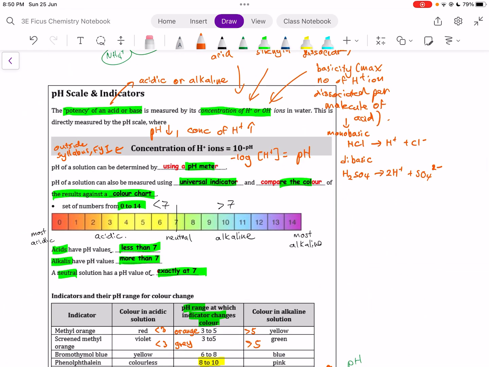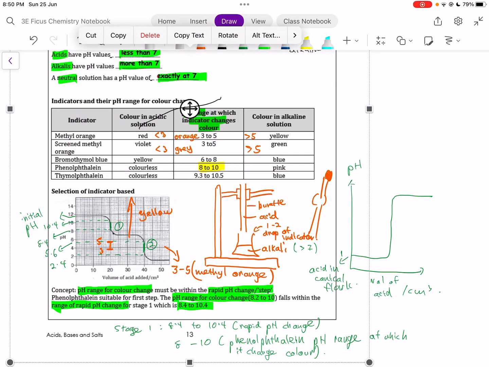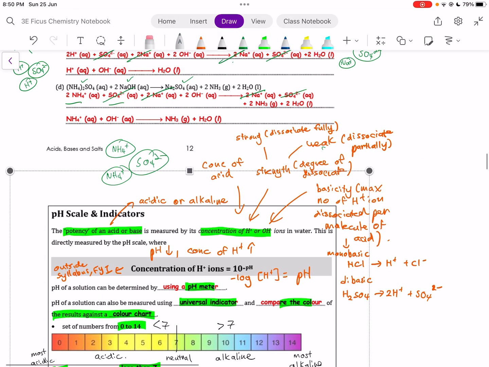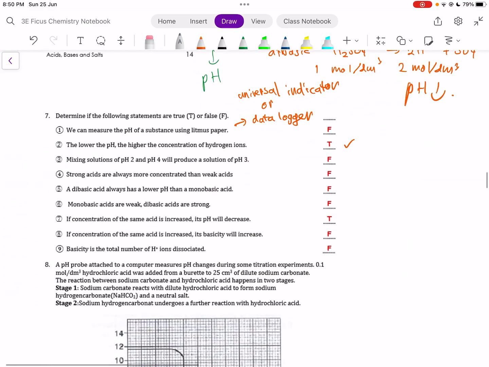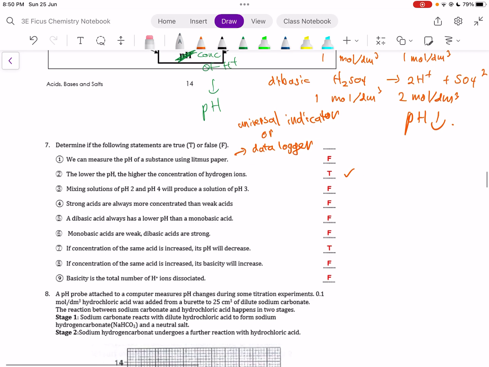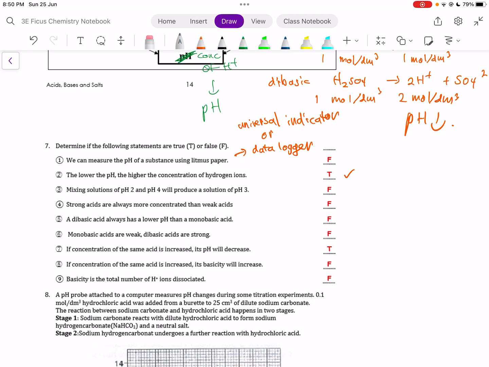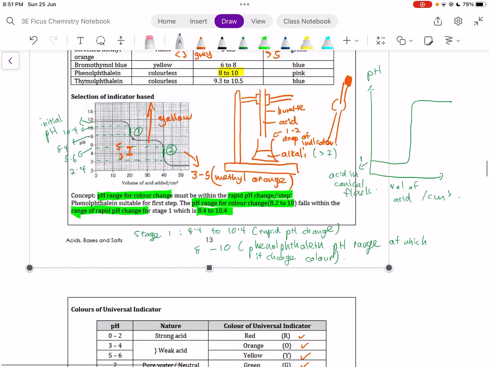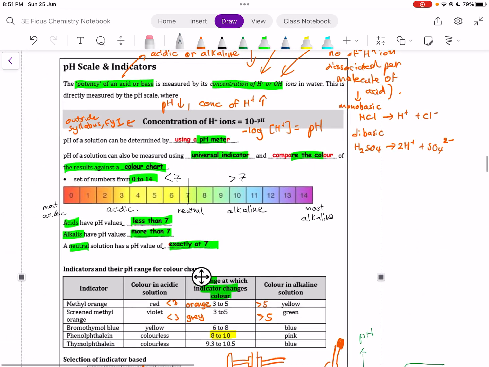I hope you can take note of this. Mixing solutions of pH 2 and 4 will produce a solution of pH 3. That's not how it's calculated. Remember, I can show using this formula.